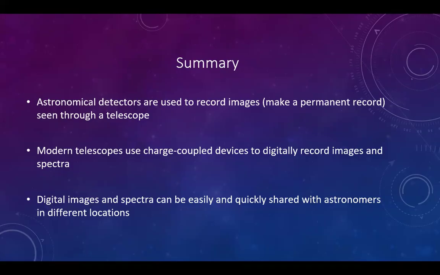For infrared, you use different detectors, made of different stuff, because they have to react to infrared light instead of visible light. And they often have to be actively cooled. And then digital images and spectra can be easily and quickly shared with astronomers in different locations.